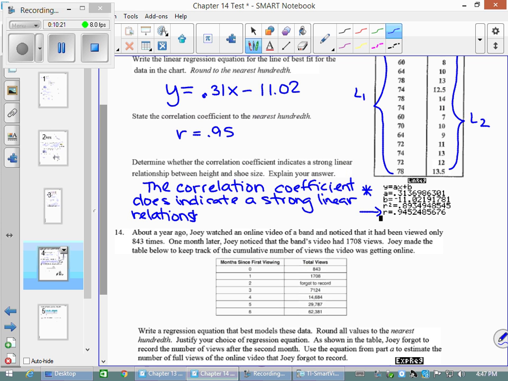And the reason, you could add if you want, is because the value is very close to 1.